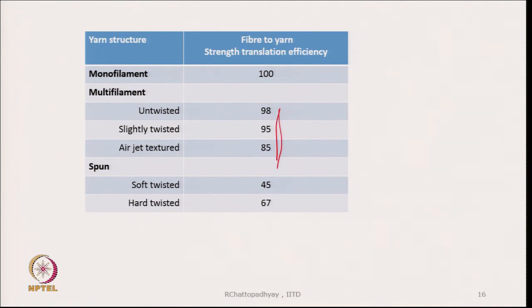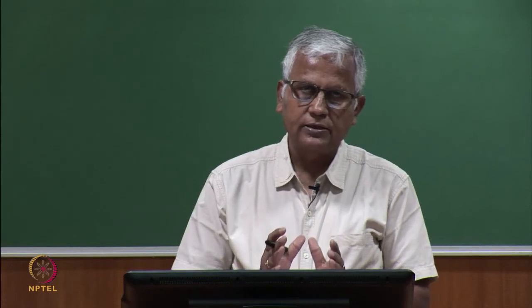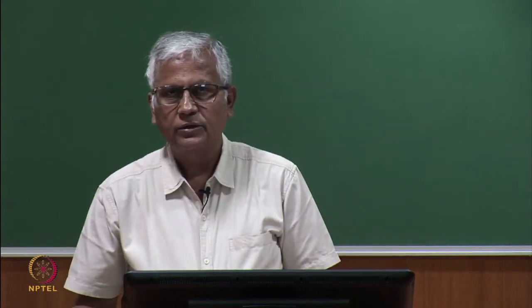Untwisted yarns, it is almost 98%, and the unit is going to be in percentage. Slightly twisted yarn 95%, air jet textured yarn 85%, but for spun yarns it is generally low. Soft twisted yarn 45%, hard twisted yarn 67%. So, that gives you an idea of how much strength of the fibers you can expect to be translated into the yarn.